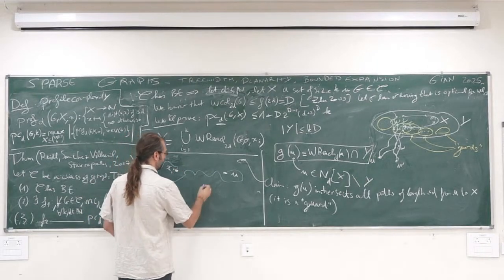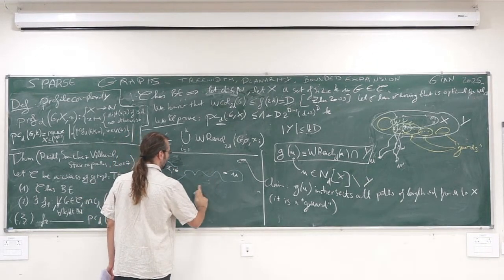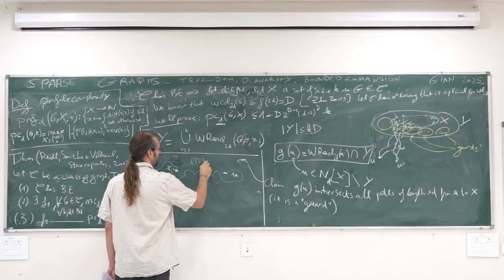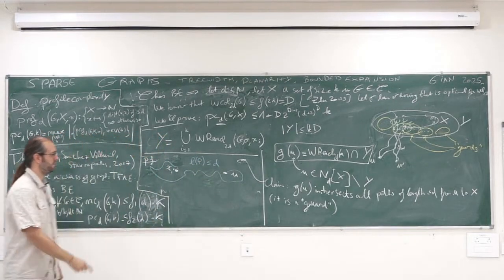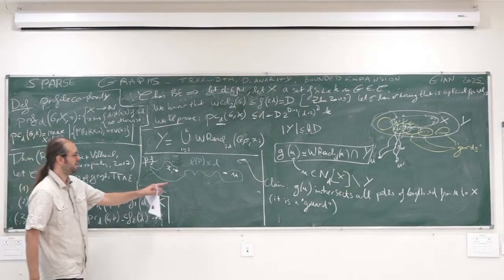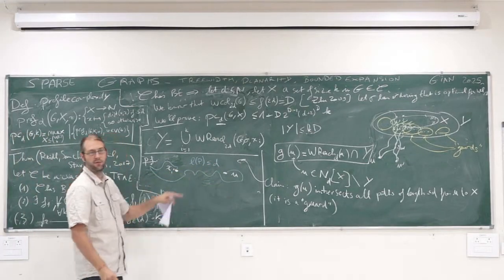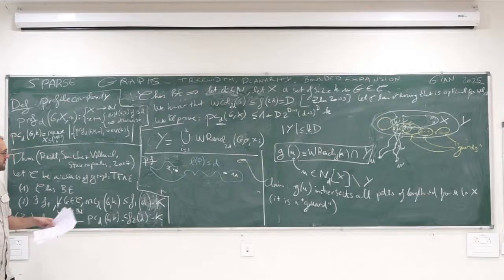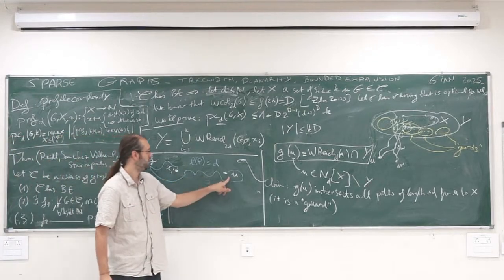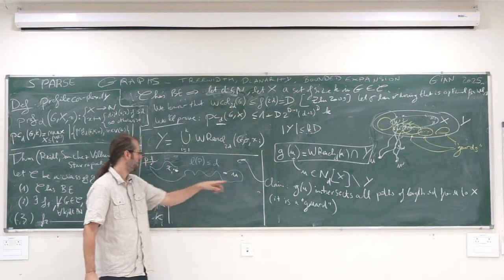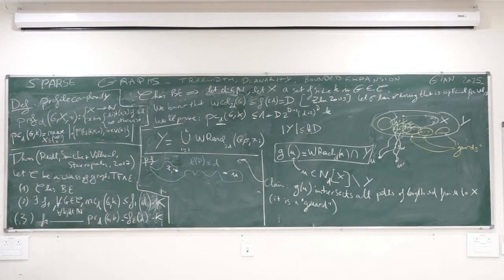And this path, let's call it P, has length at most D. I want to show that my guard G of U intersects this blue path. This is any vertex of X, and this is my U. I want to show that G of U touches this blue path.